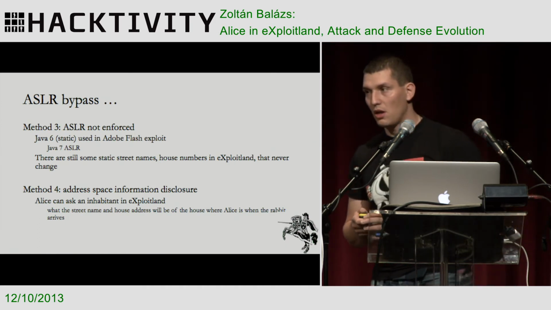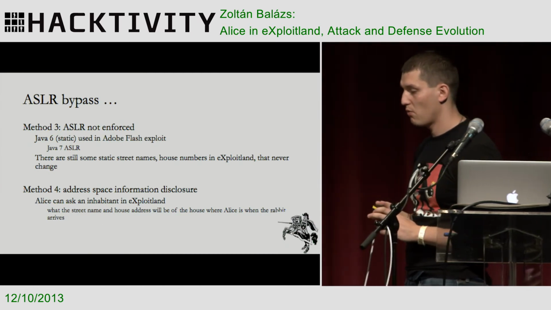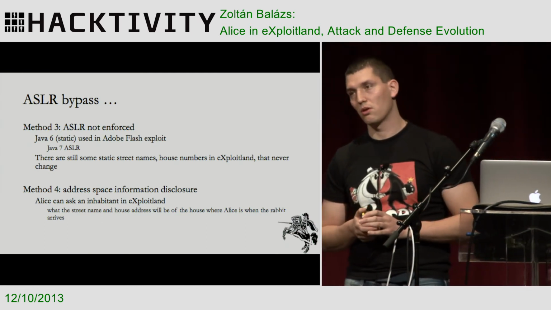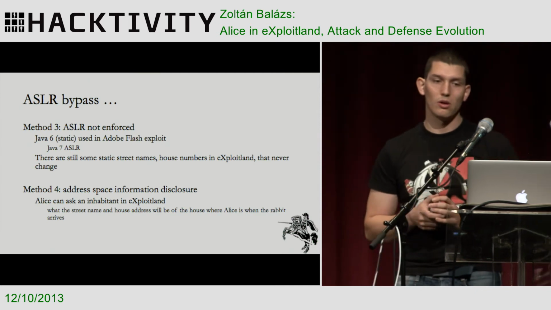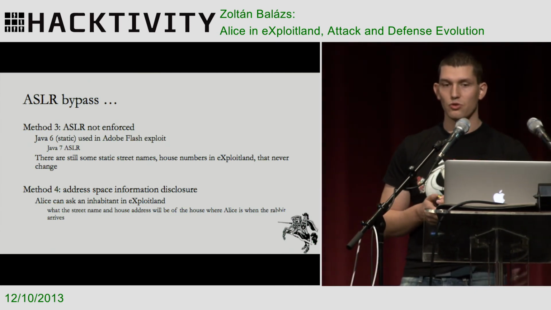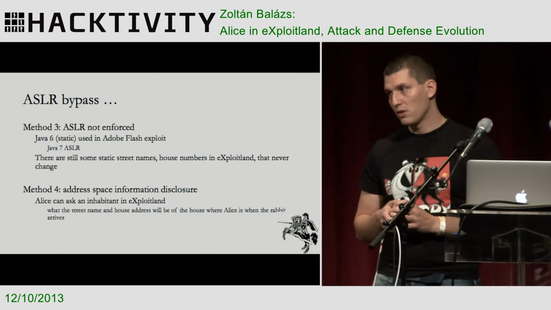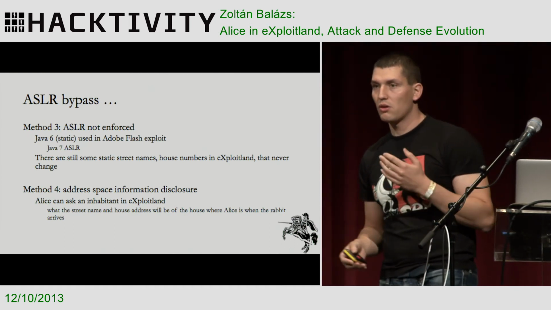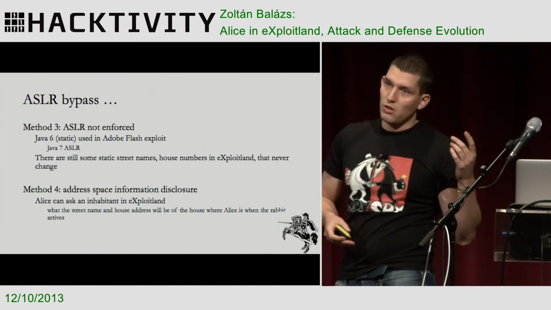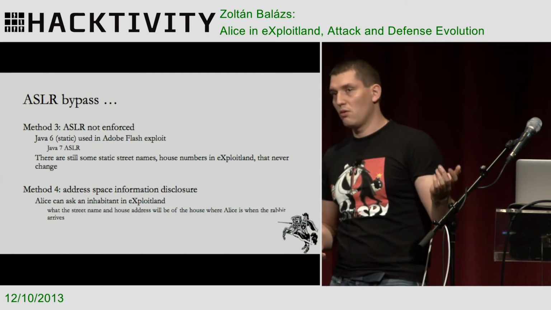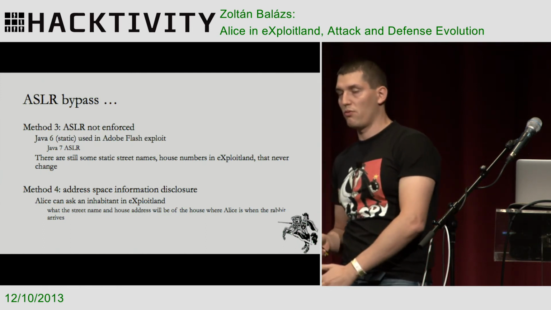And the last method, which I think will be the most important in the future, is the so-called address space information disclosure. In order to do this, we need a vulnerability for our stack-based buffer overflows.